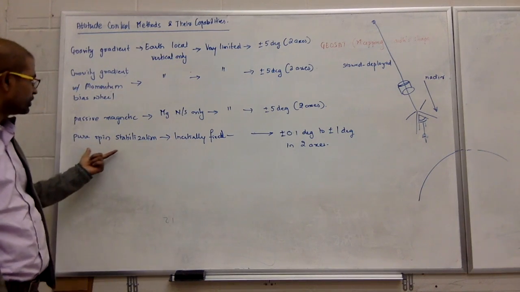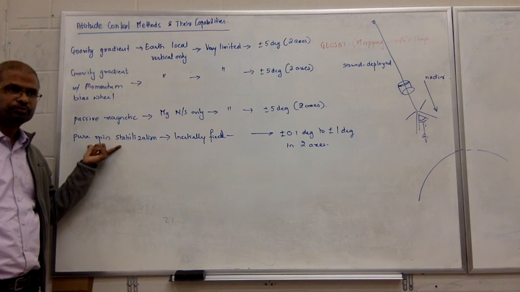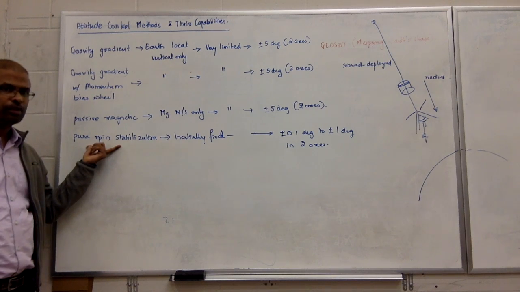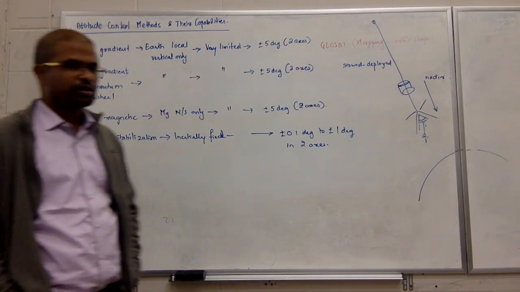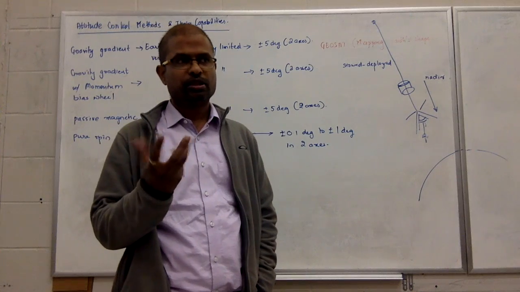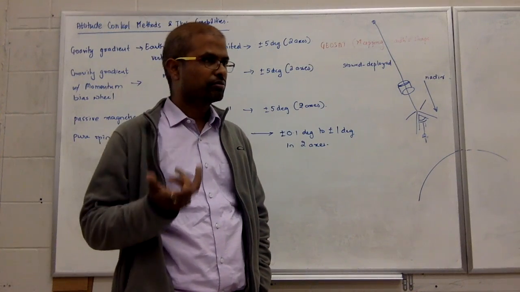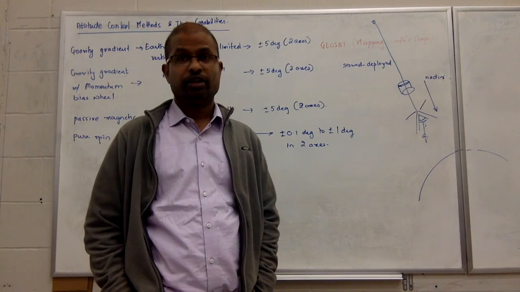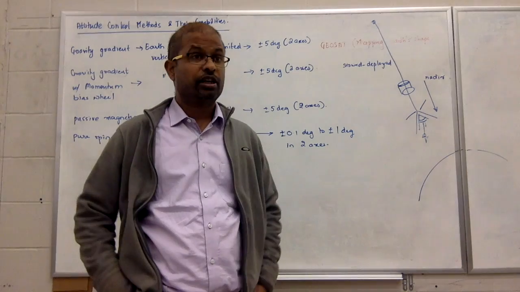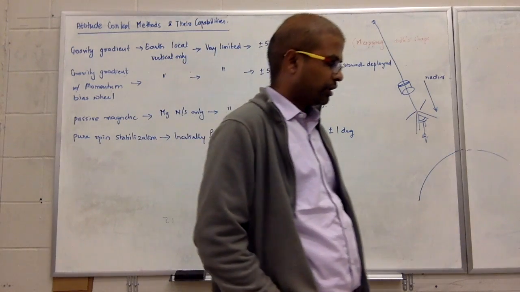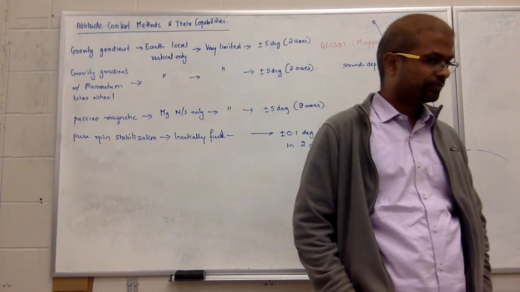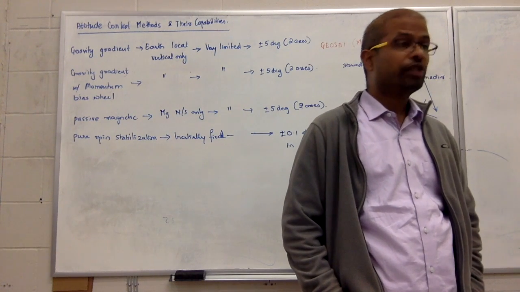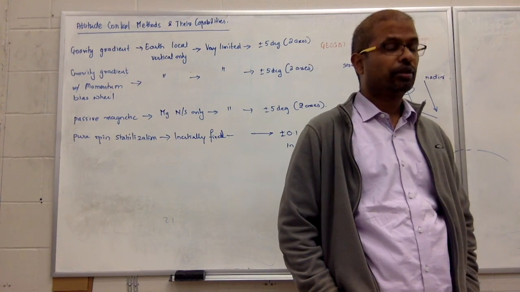So if you have a pure spin stabilization, what is spin stabilization? Spin stabilization is anytime you put a wheel in a satellite and the wheel starts spinning, once it reaches a steady rate of rotation, the satellite is stabilized.